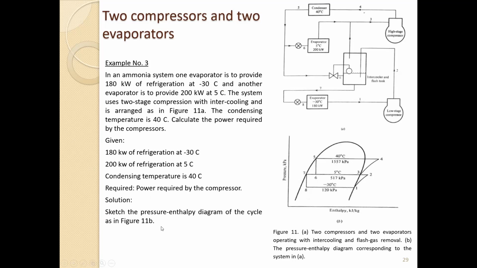Solution: sketch the pressure enthalpy diagram of the cycle as in figure 11B. This is just the sketch, 1, 2, 3, 4. This is the one for 6. The intercooling is the same as 5 because it is separated here. So 5 and 6, one goes to the evaporator directly, and one goes to the intercooling in the flash tank. 3 and 7 are separate, so look carefully at the diagram.